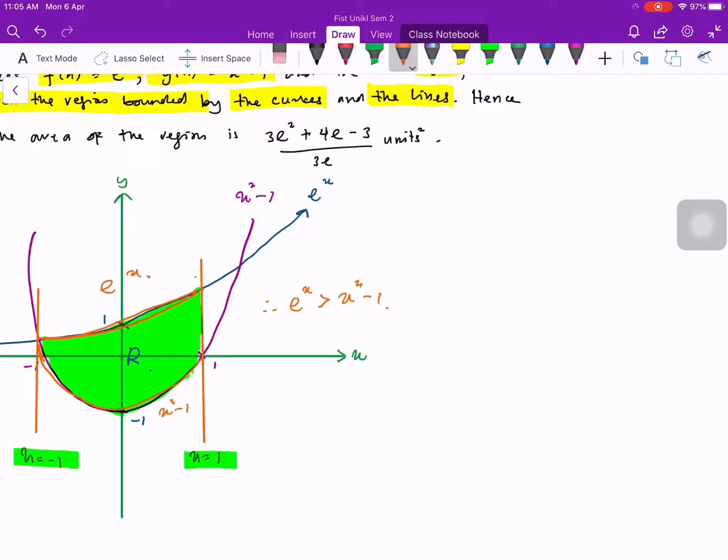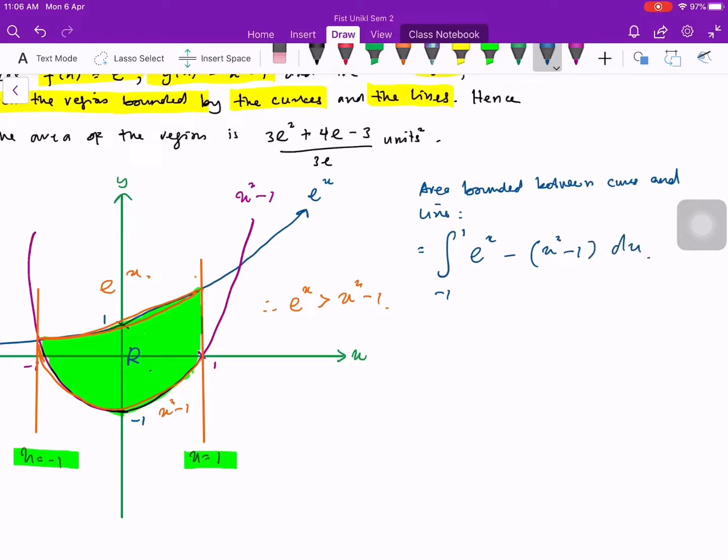Then we're going to start with finding the area which is bounded between the curves and line, which equals the integral from -1 to 1 of e to the power of x minus (x squared minus 1) dx.